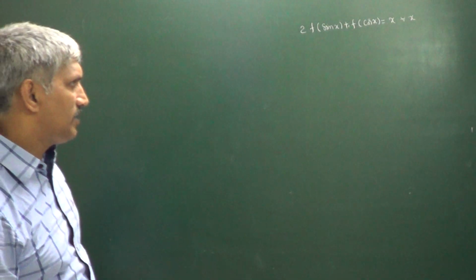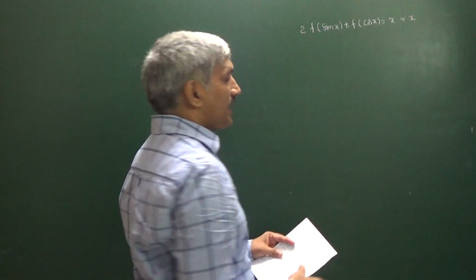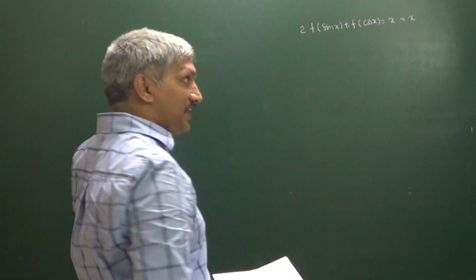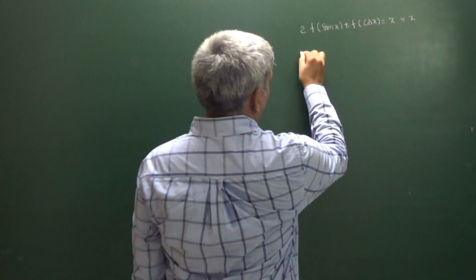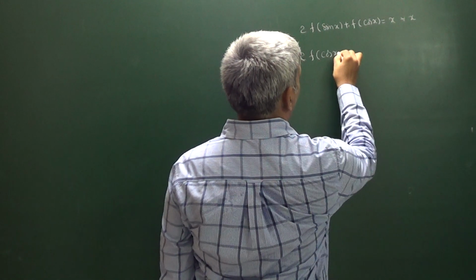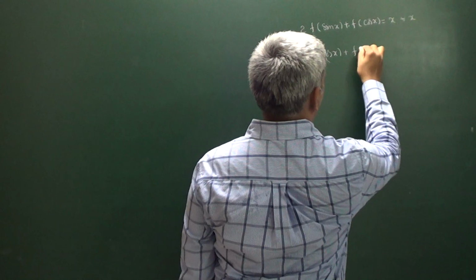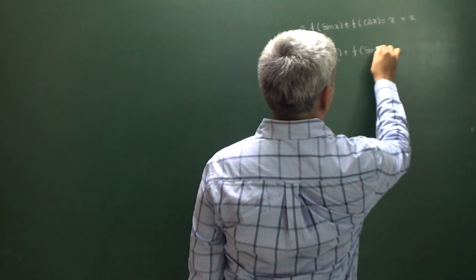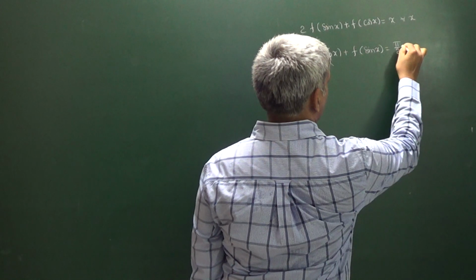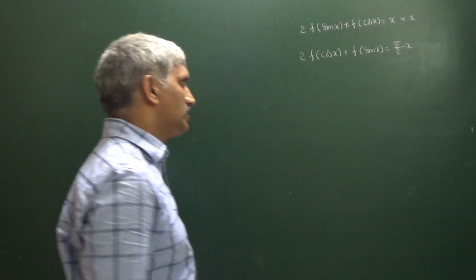So here also the same procedure. Now x is replaced with 90 minus x, so that one term we can eliminate. So this changes as 2 into f of cos x plus f of sin x is equal to 90 minus x. X is replaced with 90 minus x.